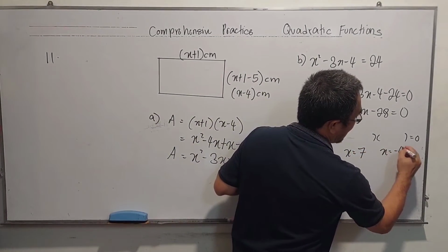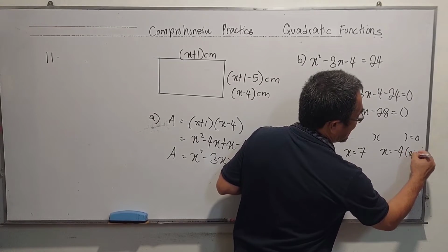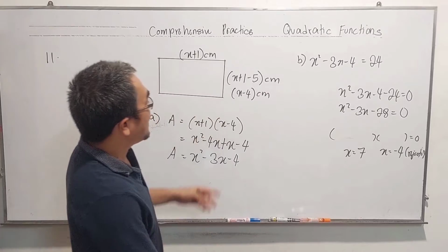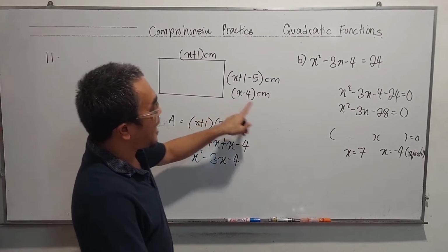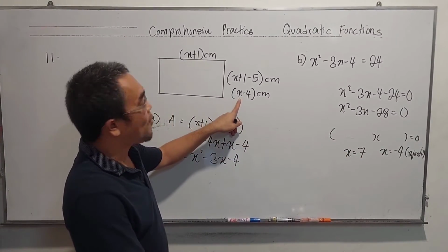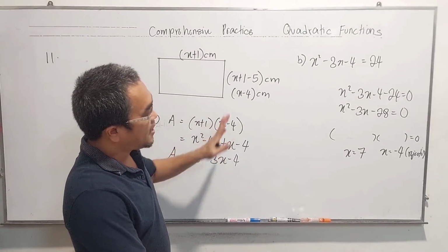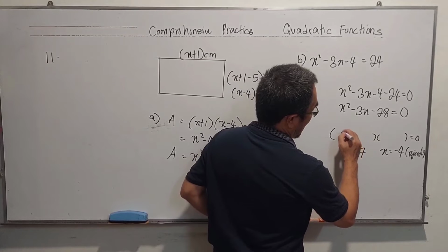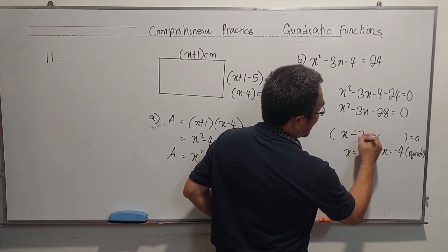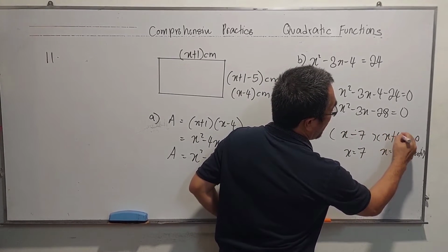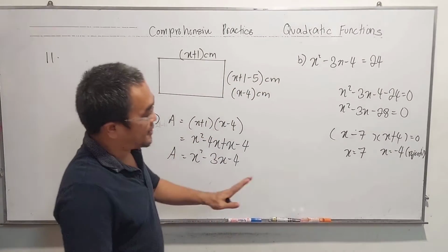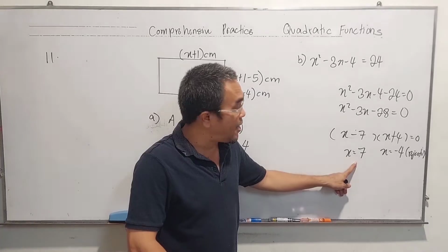But negative 4 is rejected, because if x is negative 4, the length would be negative 8 and there is no such thing as length in negative territory. So it is x minus 7 here and x plus 4.